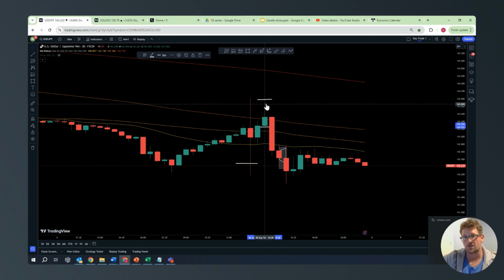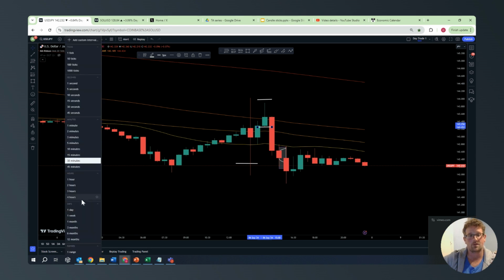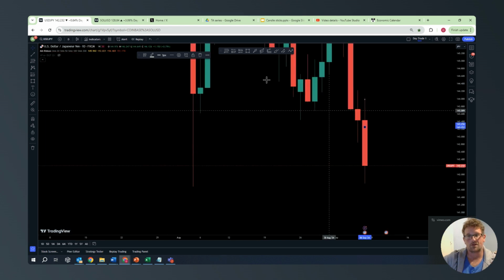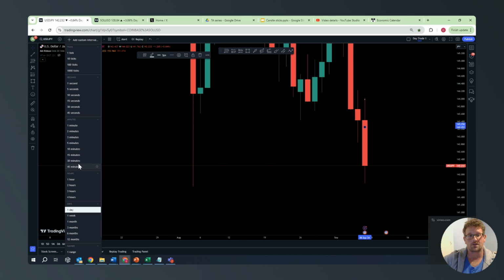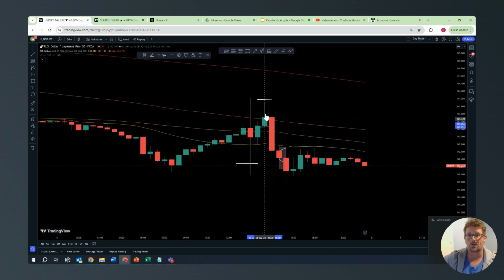you can just see some rejection of the wick. It didn't keep going up, it got rejected and pushed back down. Now on its own, that doesn't mean much. However, if you take into account that the higher time frame is very much in a downward structure, you could argue this would be a signal to go short, and it would have worked, because you can see straight away the downward trend continues.